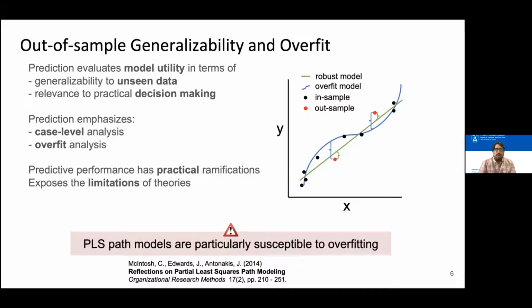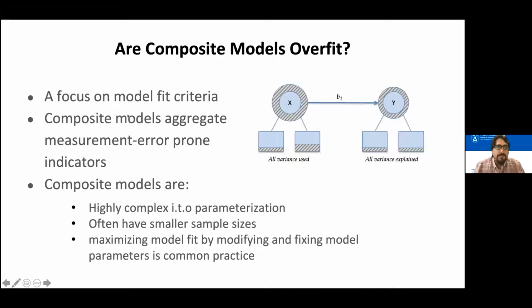Now, zooming even closer into specific details of composite modeling, we've seen some recent cautions in the literature that perhaps PLS path models might be particularly susceptible to overfit. So let's look into a PLS or composite model and see what exactly about the model might be leading to this overfit.